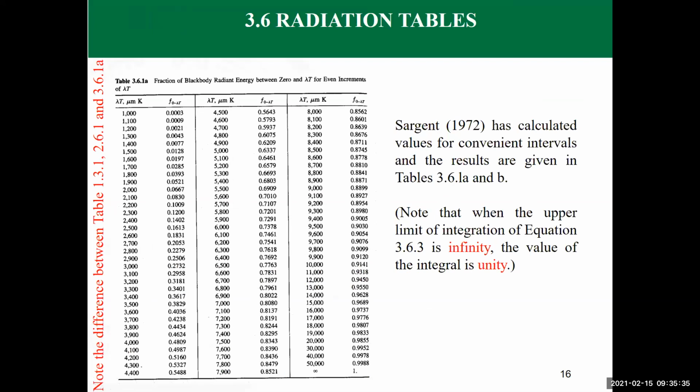But many of the applications that you want with the use of computers make it hard. If you need to estimate a certain amount of radiation by writing a program, you cannot stop the program and go and search for a value in a table and then come back to the program and put it in. You need this table to be put in the form of an equation so that you can just put the equation in your model and solve it without having to go back to the table.